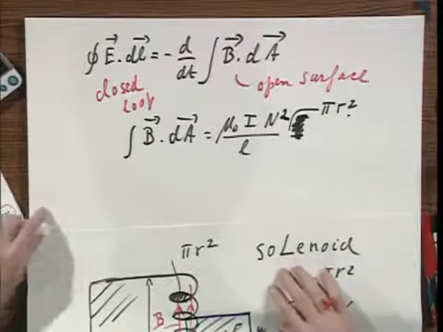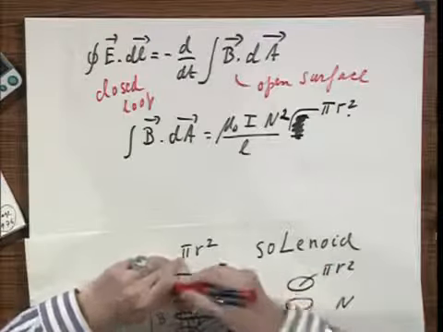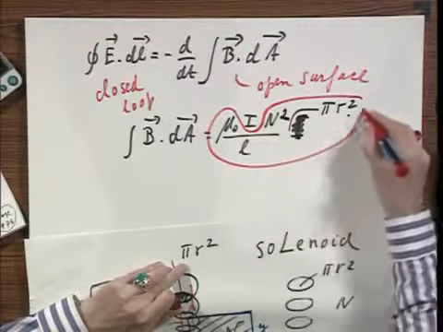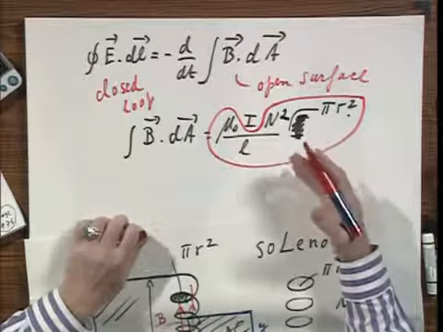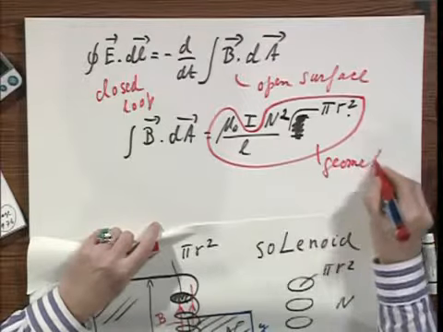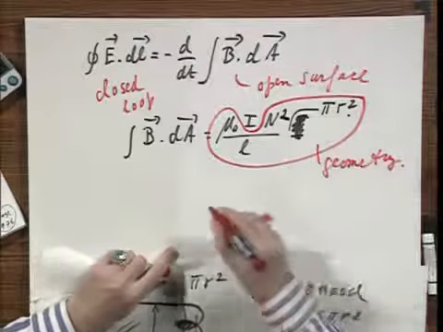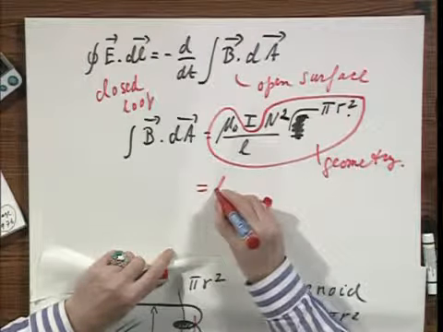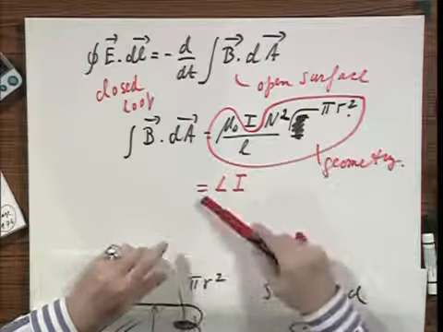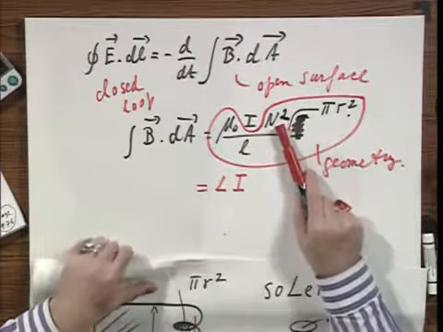This term is called the self-inductance. It's just a name. It's purely geometry. It is nothing else. So this is simply called L times I. And it is no surprise that L is proportional to n squared.